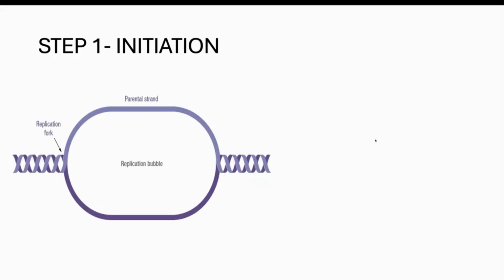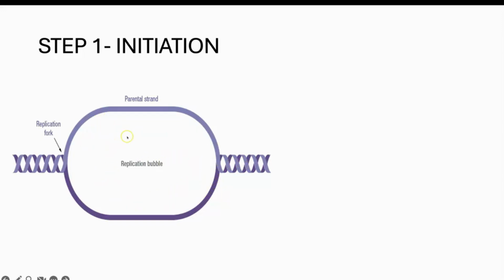The first step we call initiation. So, how does the replication begin? Once the cell is ready for cell division, during the interphase stage, the DNA replication takes place. Once the cell is ready, we can see bubble formation in the chromosome.